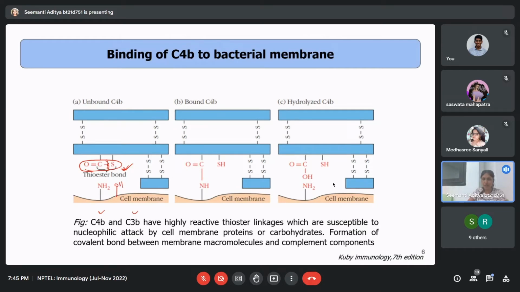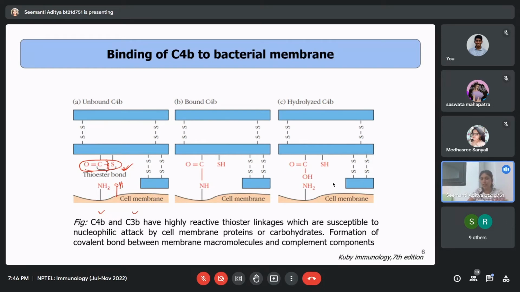Bacterial cell membranes have OH groups, and mostly pathogenic membranes have this NAM-NAG complexes, or they have a lot of carbohydrates and proteins on their cell membrane. These proteins and carbohydrates can easily attack and cleave this thioester bond. The cell membrane of those pathogens is meant to protect them, but it can also be harmful for them in some cases, like here.